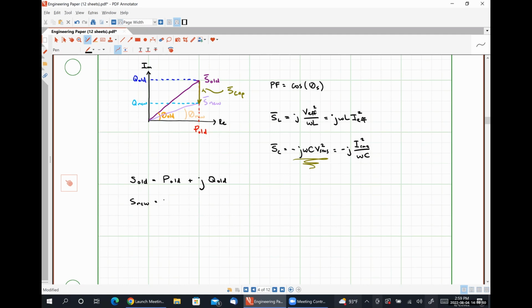S new is P old plus J Q new, and S cap is S new minus S old.